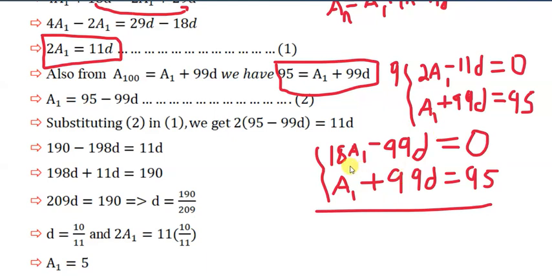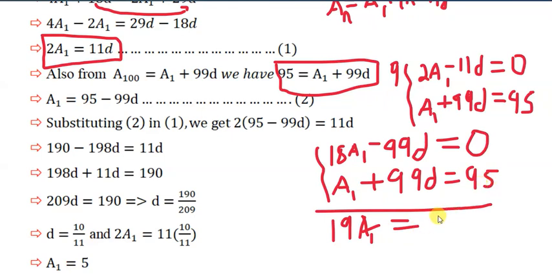In that case, we are left with only one variable, which is a1. 18a1 plus a1 gives us 19a1. The sum of the d terms is going to be 0. Therefore this is equal to 95.